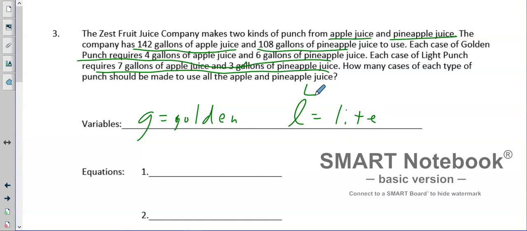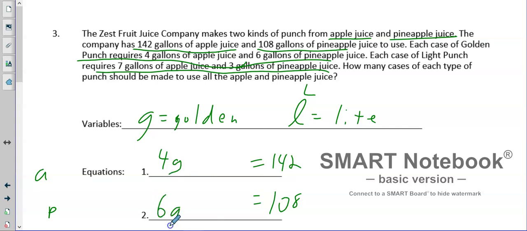Now, the 2 equations. We need to have an apple equation and a pineapple equation. Because we know apple juice, we have 142 gallons. And pineapple juice, we have 108 gallons. All right, we know the total number for each of those, the value of them. All right, now we just go back and fill in the letters and numbers. So for Golden Punch, it's 4 of apple and 6 for pineapple.